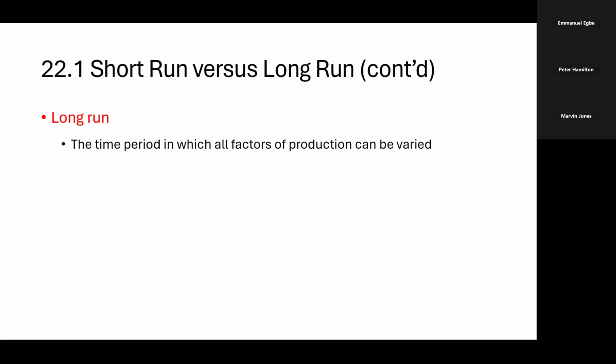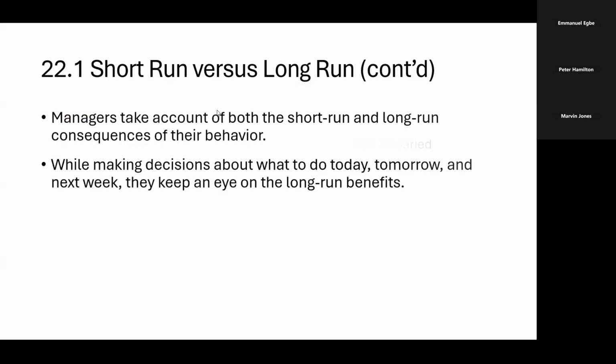And examples beyond capital equipment: if you pay rent and you have a lease, the lease obligates you to be there for 2 years, to be there for 1 year. And so rental housing is a good example of short run. And in the long run, of course, things can be changed. The landlord can kick somebody out, or the tenant can feel that it's not worth it to be in this particular place, especially if cost is an issue.